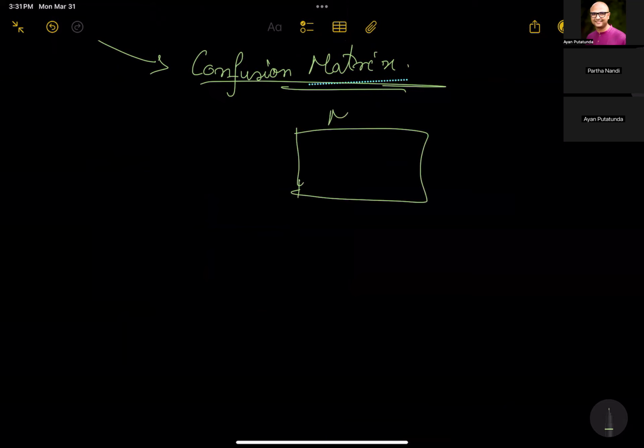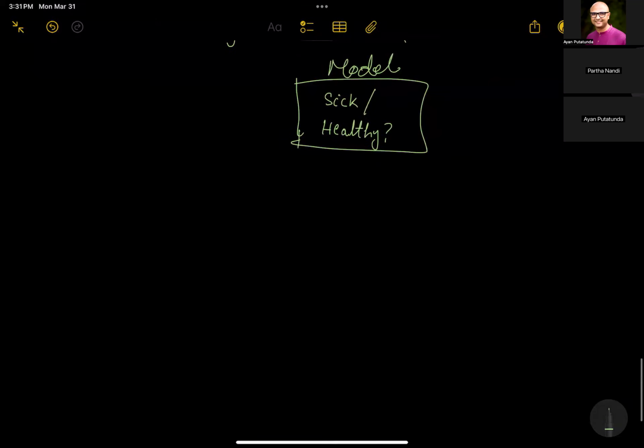This is a model. It predicts sick or healthy. So now there can be four cases.